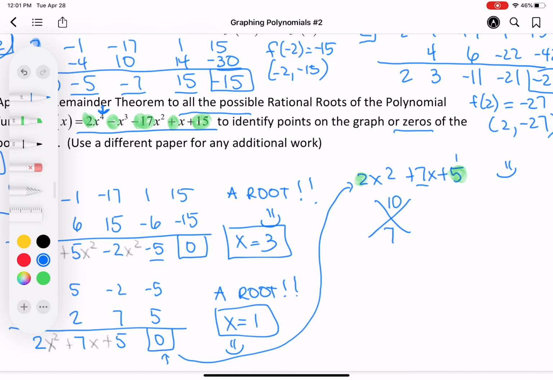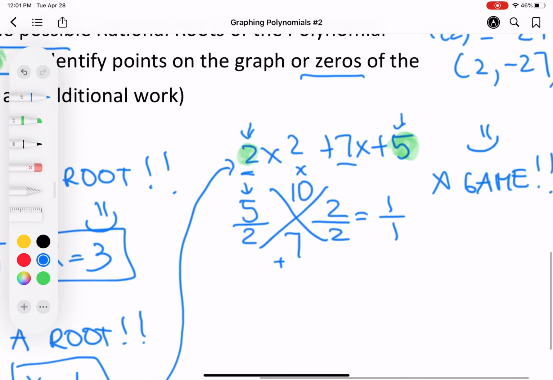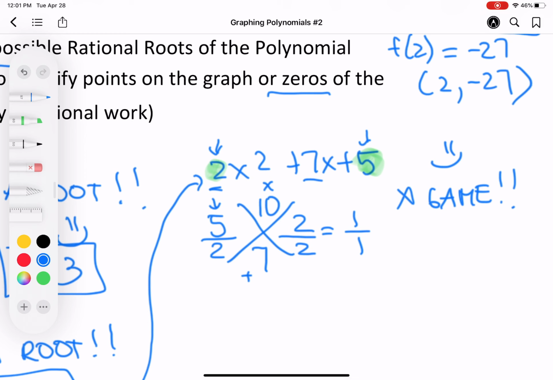When you multiply these two, you're going to get 10. So what two factors are going to multiply to 10 and add to 7? Well, it would give me 5 and a 2. But remember, this is X game. Because you multiplied by the 2, you have to divide out the 2. Well, 2 divided by 2 is just 1. I can't simplify this one. That's as simple as it gets.